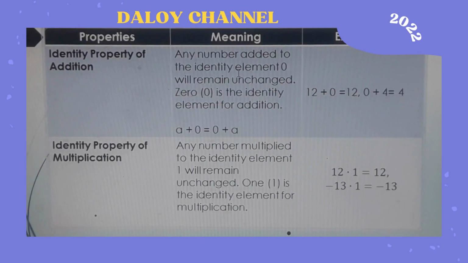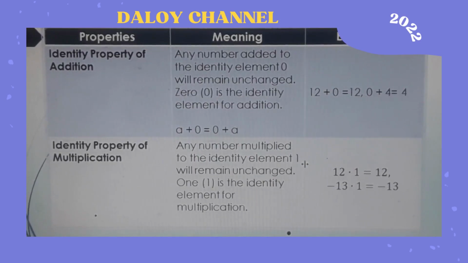Okay, the last property is the identity property for multiplication. Any number multiplied by the identity element will remain unchanged.